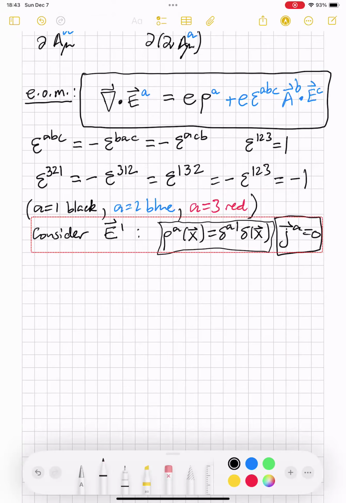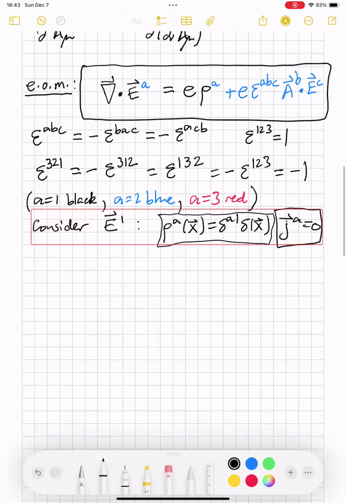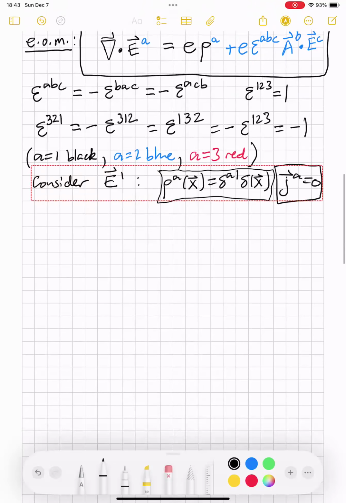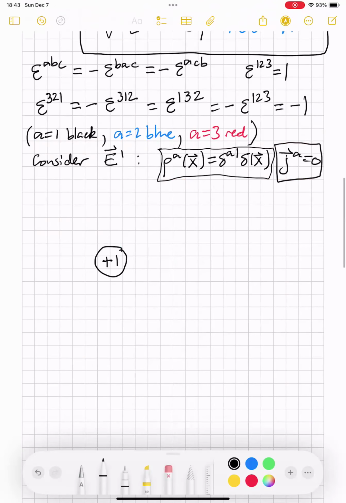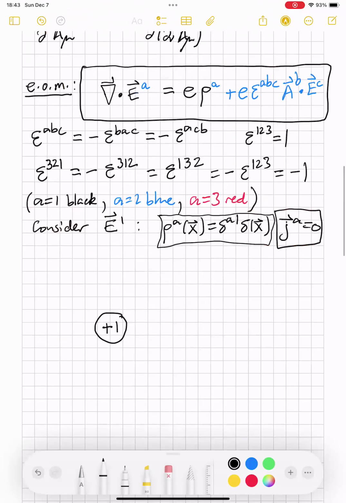But as soon as two indices of the epsilon are equal to each other, it's 0. So right now, I don't even have to worry about that nonlinear interaction. That nonlinear interaction term vanishes, so I'm back in the realm of usual electrodynamics. As soon as the nonlinear term is gone, it's just like solving the equations of electrodynamics.